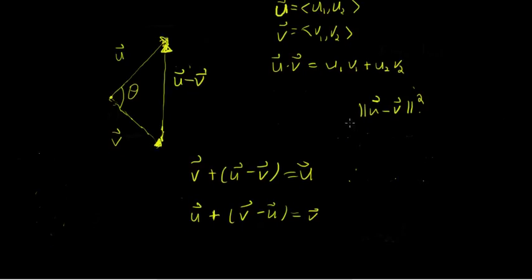One way: hopefully you remember that when you take the dot product of something with itself, it's going to be the magnitude of itself squared. So the magnitude of something squared is equal to the dot product of that something with itself, and that something in this case is vector u minus vector v.